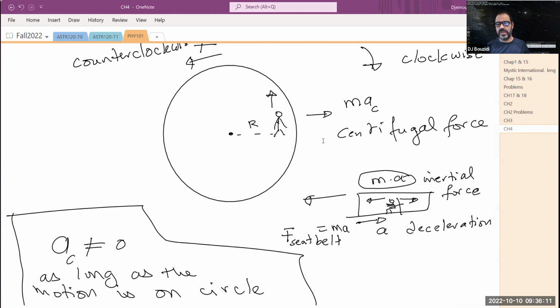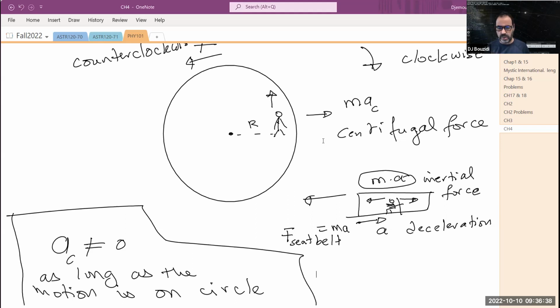Some people who are athletic enough, if the merry-go-round is not going too fast, could sustain themselves without holding to something, because they have friction between their feet and the surface. Case in point, if you make the surface extremely smooth, or put oil on it, no matter how athletic you are, you're going to fly away in the opposite direction. So that is a centrifugal force.